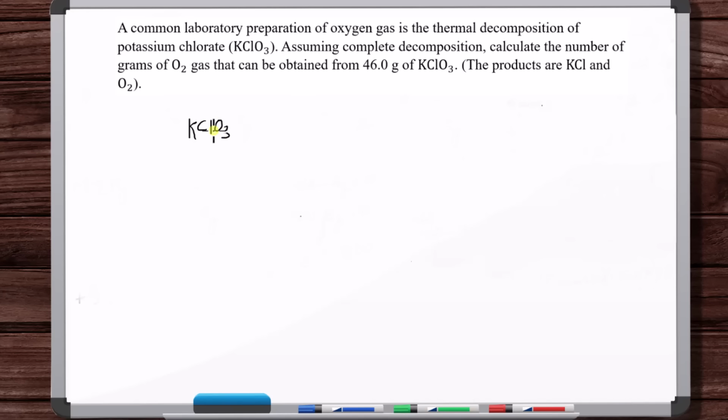We need to get our balanced chemical equation first. You can't do stoichiometry without a balanced chemical equation. It doesn't say that you combine two molecules and then add heat. It just sounds like you're taking your compound and adding heat.